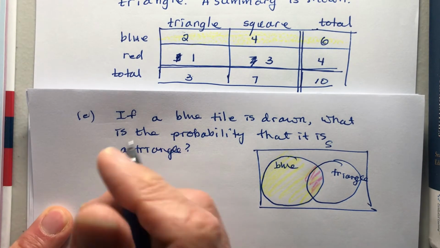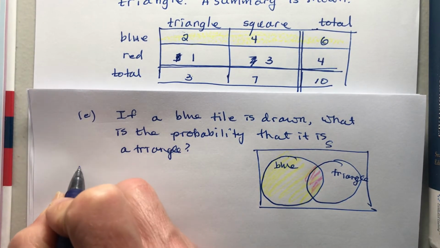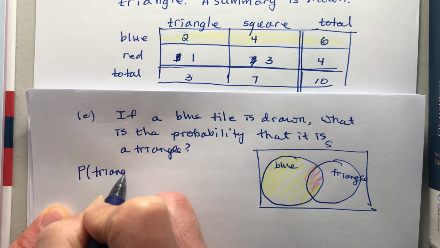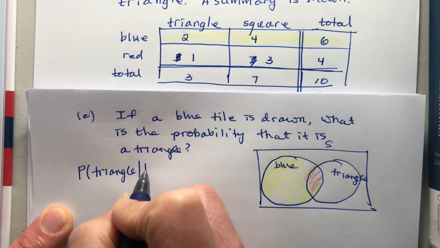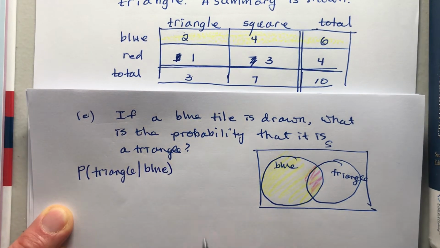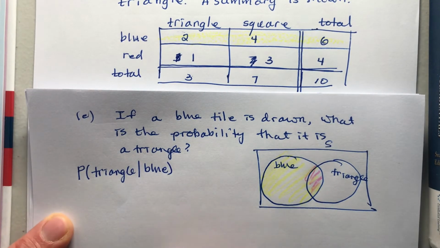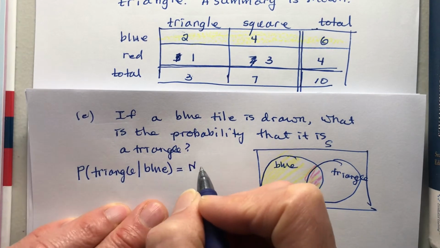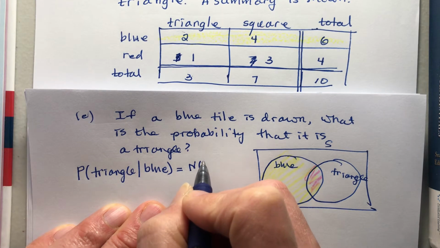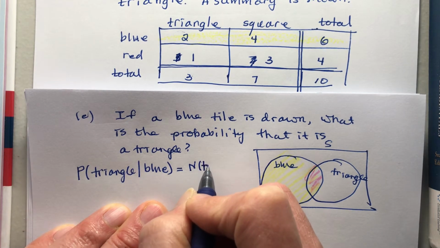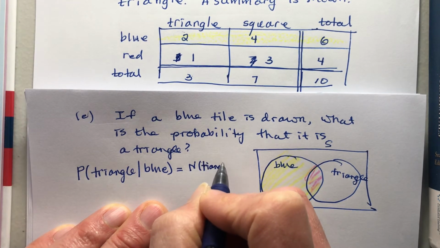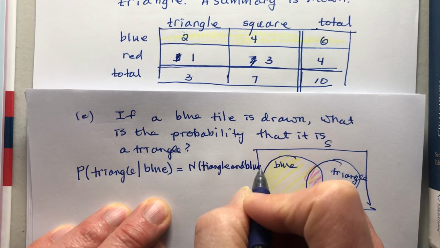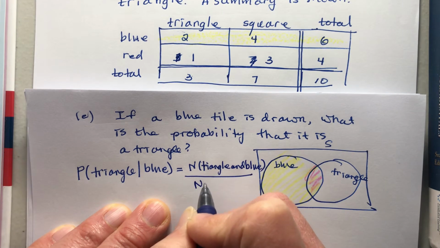We call this a conditional probability. So it's the probability of getting a triangle given that the first one drawn is a blue. And what you do is you count the number of the triangles that are blue and divide it by the number of blues.